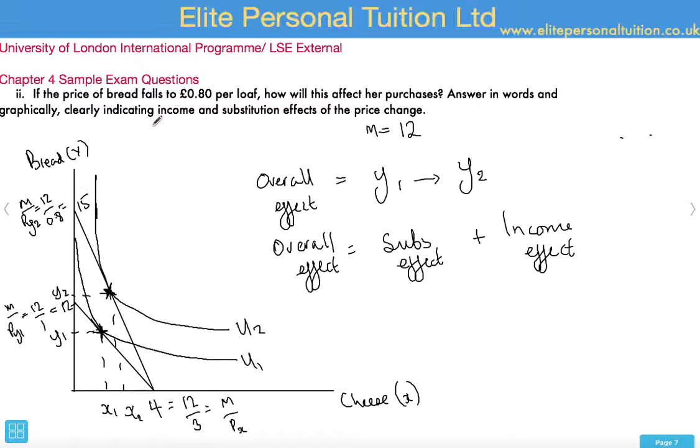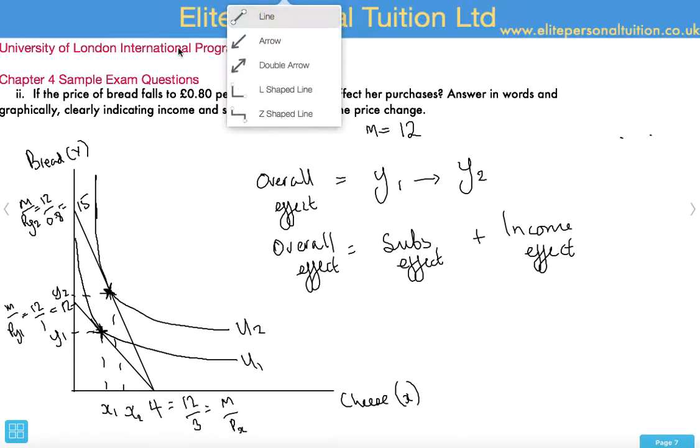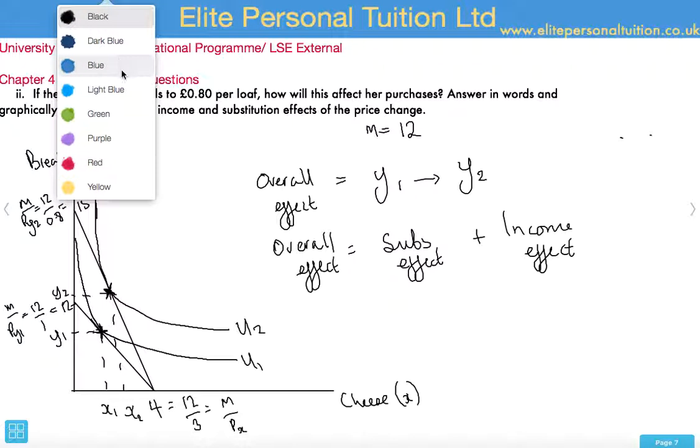Also, for a question like this, where you have the income and substitution effects in the question, I would define each one. So the substitution effect just encourages the consumer to consume more of the relatively cheaper product. And it is the effect on consumption due to the change in price.